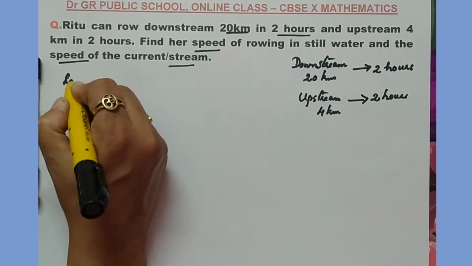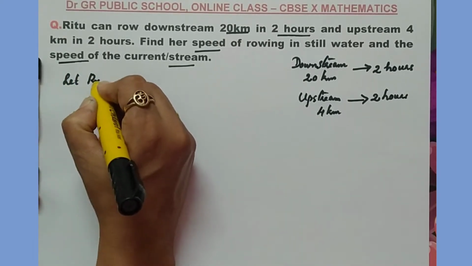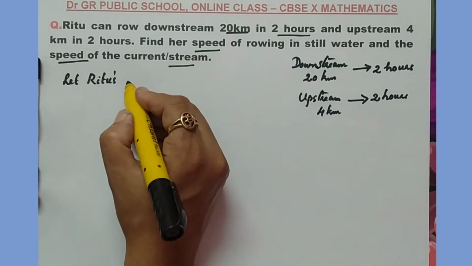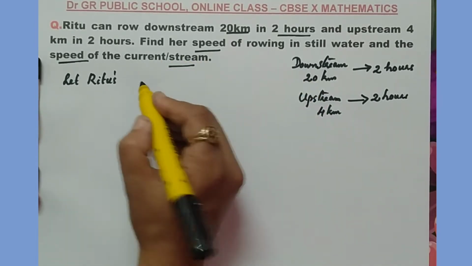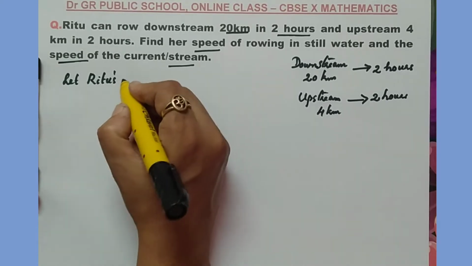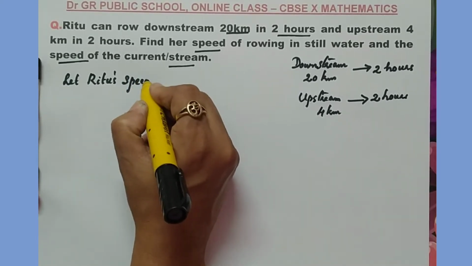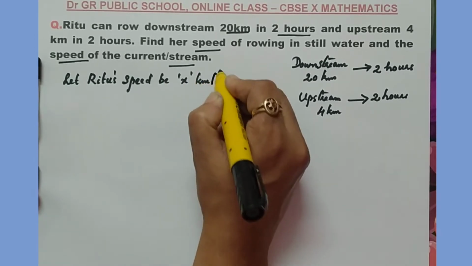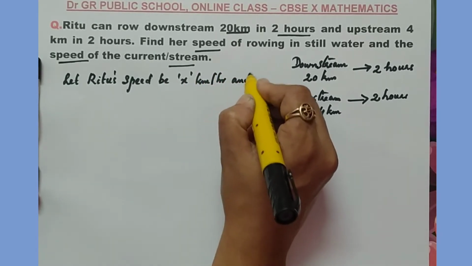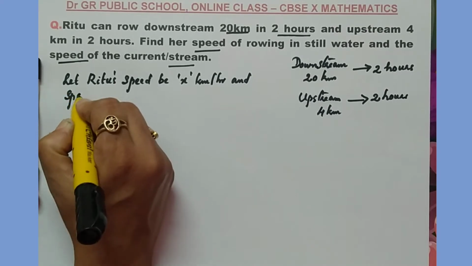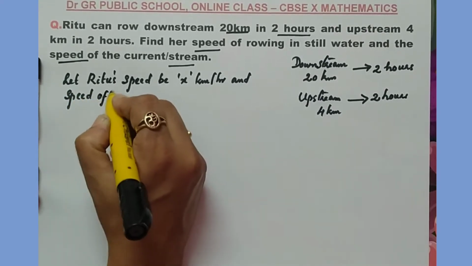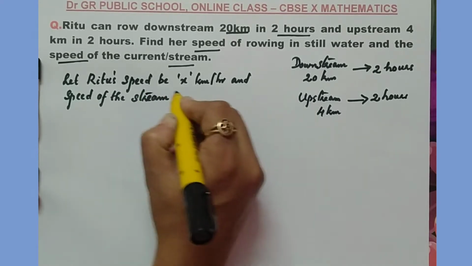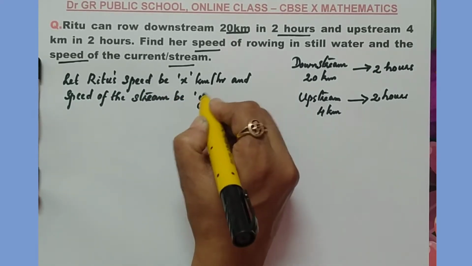Let Ritu's speed be x kilometer per hour, meaning she is rowing either in a boat or by herself, and the speed of the current or stream be y kilometer per hour.